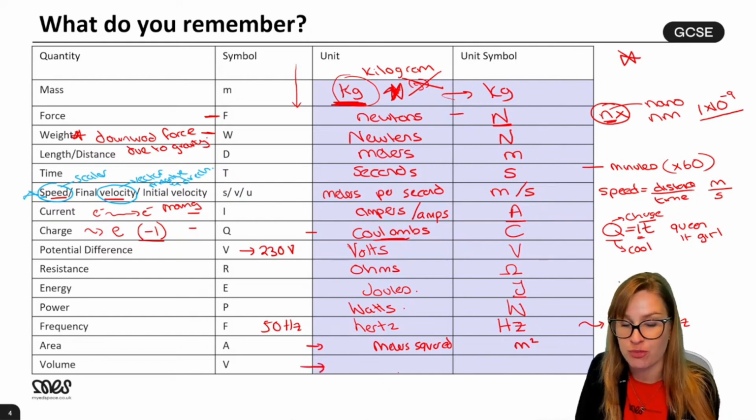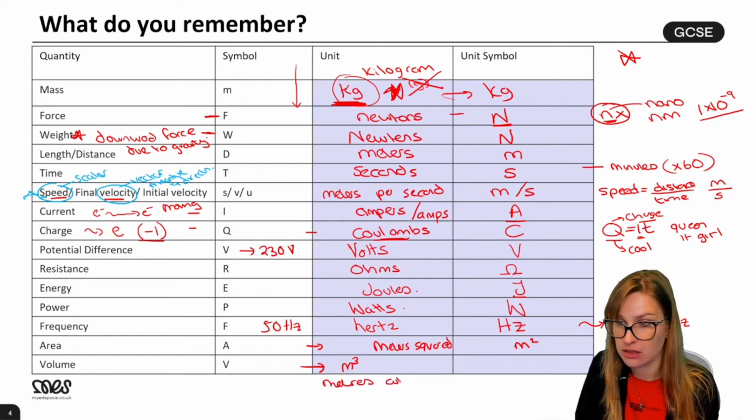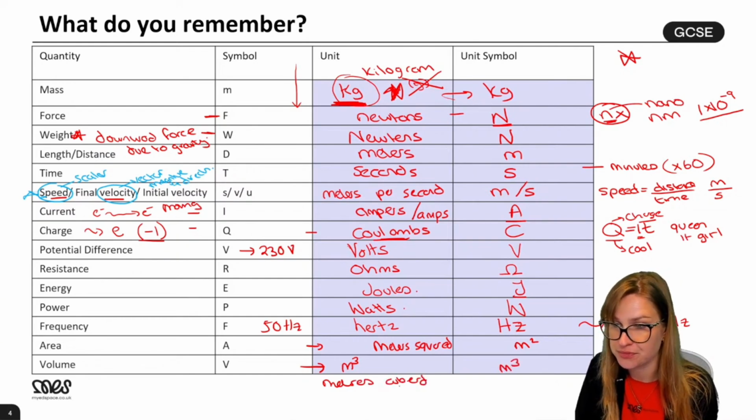And volume could be something we do when we do density. What is volume measured in? There's two things you could tell me here. You can say meters cubed, or what else do we use when we're doing that density practical? If I was doing a density practical and asked you to measure the volume of a liquid, what piece of equipment do we use?